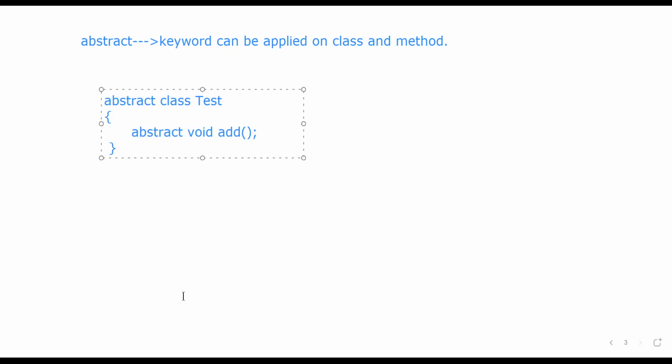The need of a constructor in abstract class is for constructor chaining.